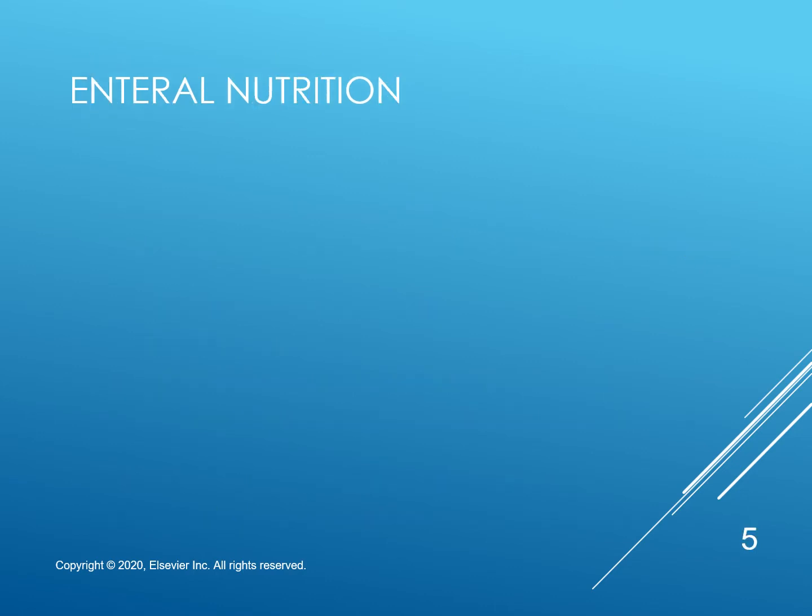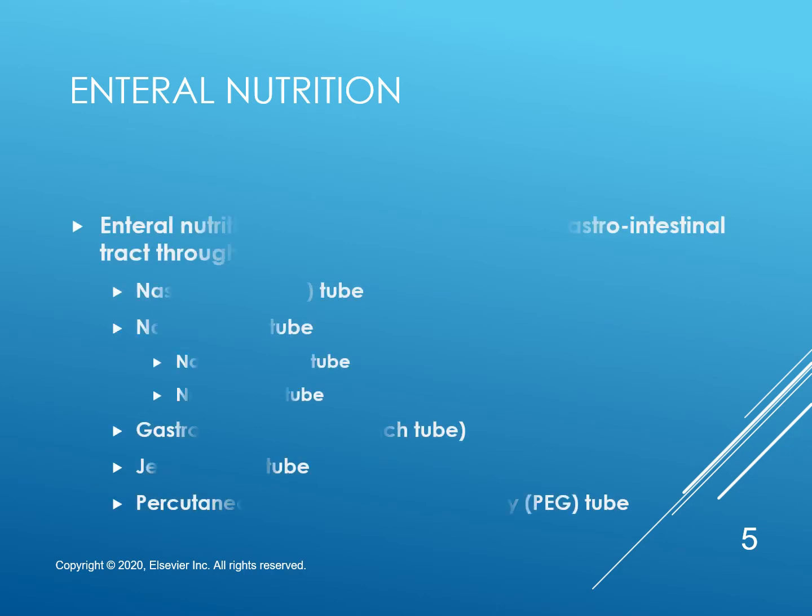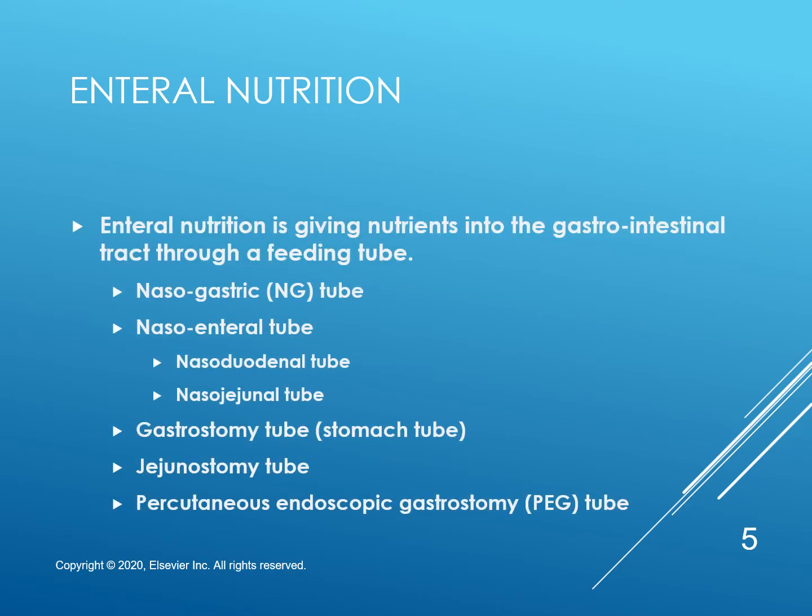You have your enteral nutrition. Enteral nutrition is giving nutrients into the gastrointestinal tract through a feeding tube. There are different types of tubes. You have your nasogastric NG tube, nasal enteral tube, which consists of two different kinds, a nasoduodenal tube and a nasojejunal tube.